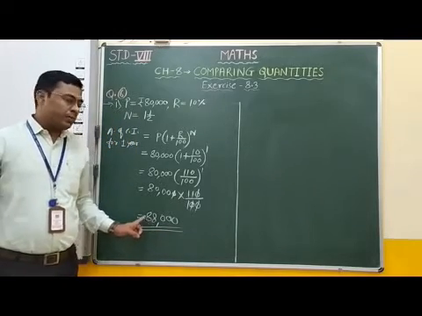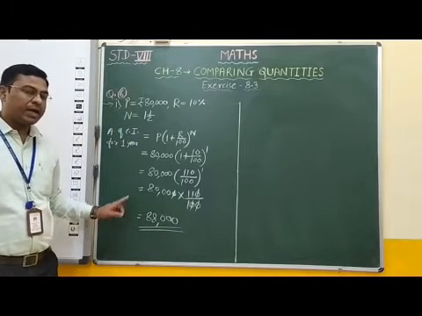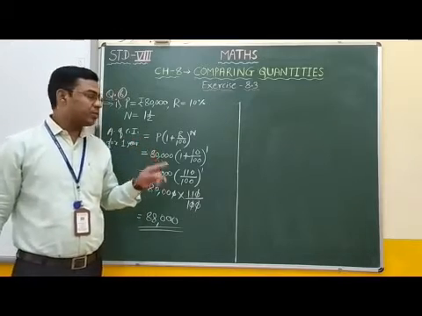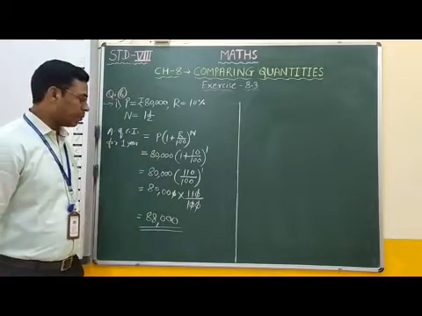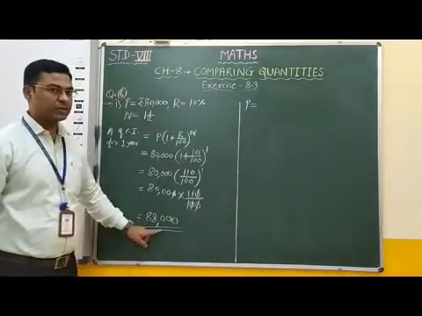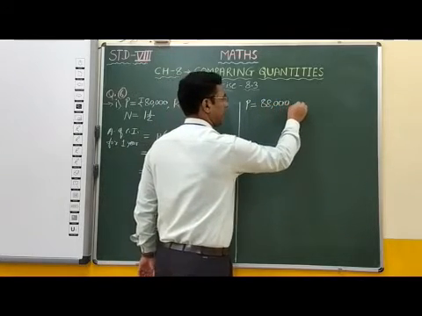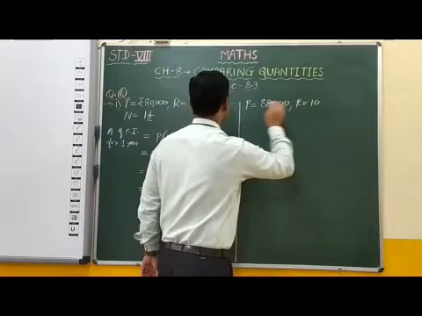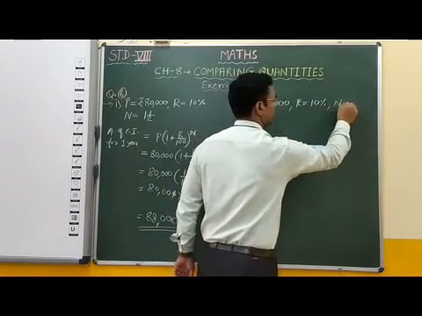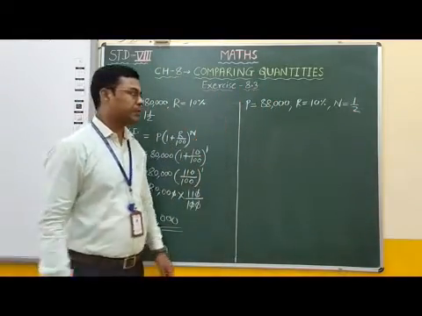Now, by taking this amount for 1 year as principal, we have to find out simple interest for half year. Therefore, here we can write P is equal to 88,000, R is equal to the same rate of interest, that is 10%, and n is equal to half year because we have to find out simple interest for half year.